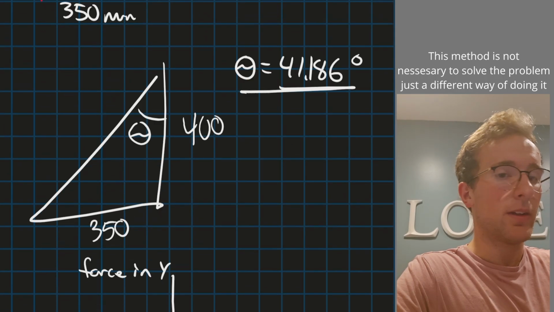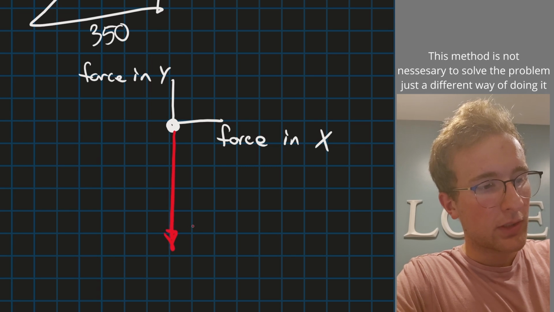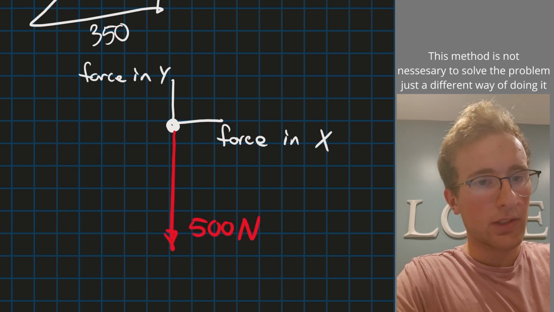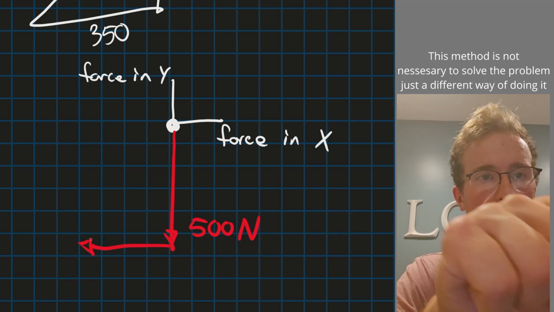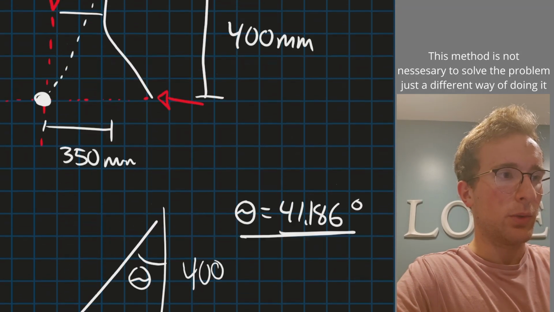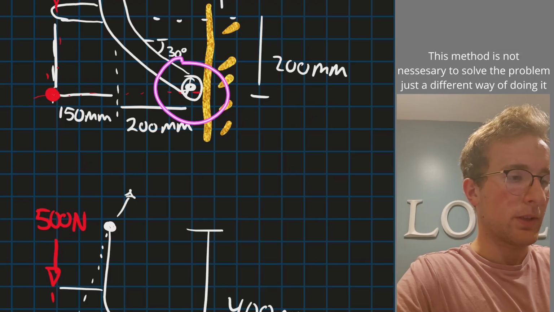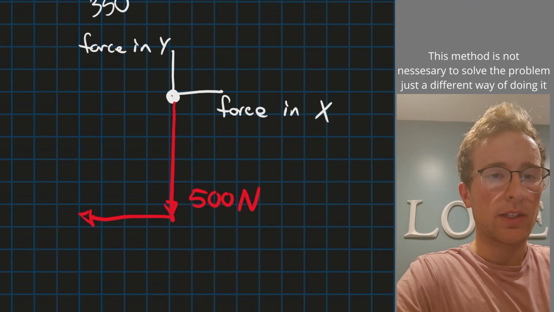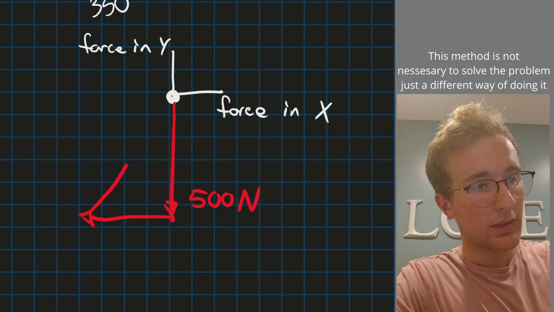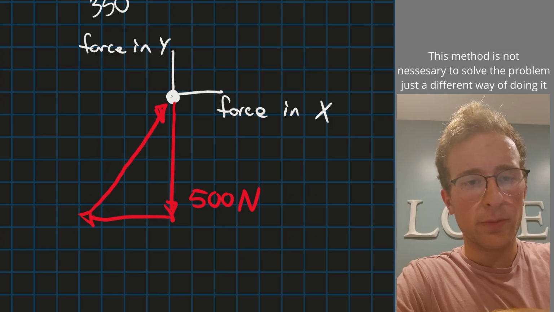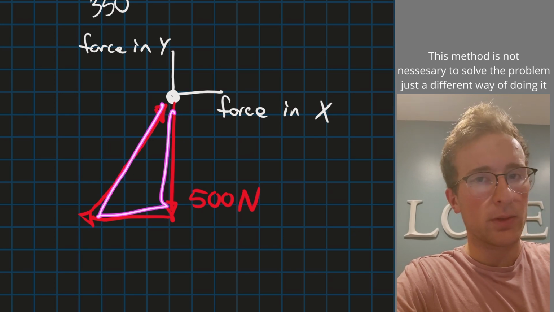They're vectors. So I have a downwards force of 500 newtons, and then I'm going to add to that vector a force to the left, from the roller support right here, and the force vector it creates. And then I have the reaction force at the pin that I'm going to add to that. Those three forces must add together and bring me back to 0.